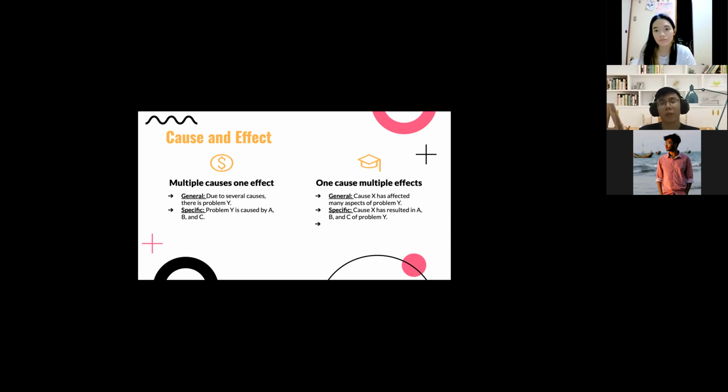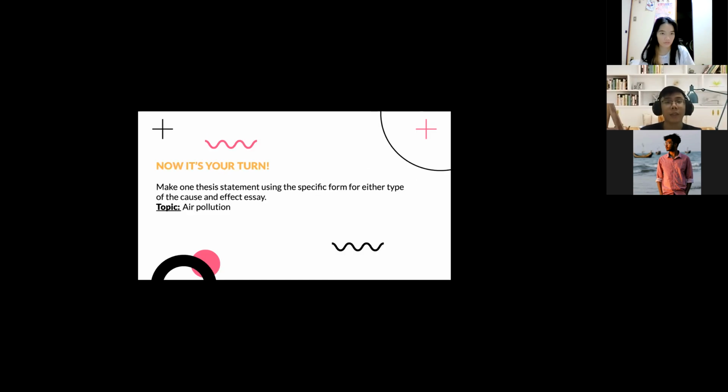Yep. So with that, we're going to move on to some practice, like last time. This time we also would like you to do the specific type for either the cause or the effect essay. And your topic is quite broad. It's going to be air pollution, right? So you can either focus on the causes of air pollution, or you can focus on the effects of air pollution.